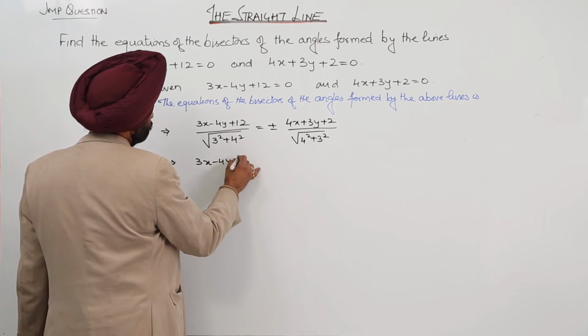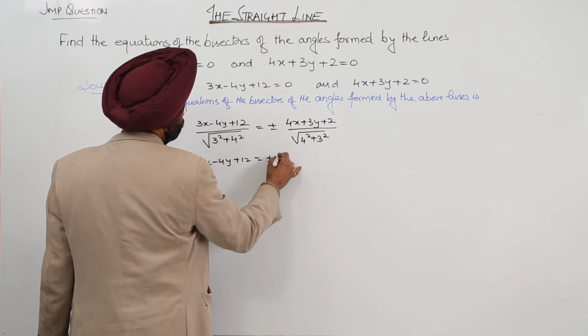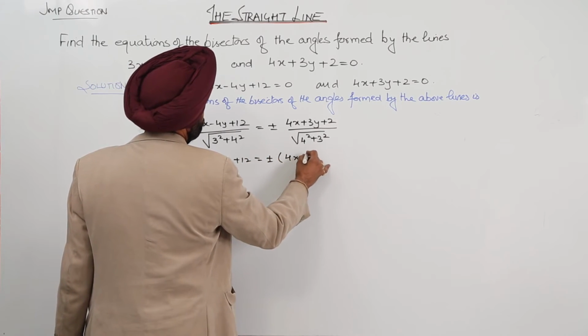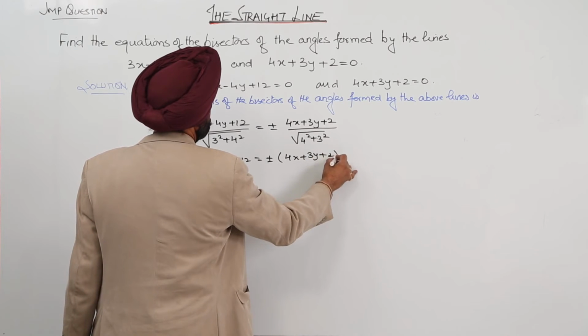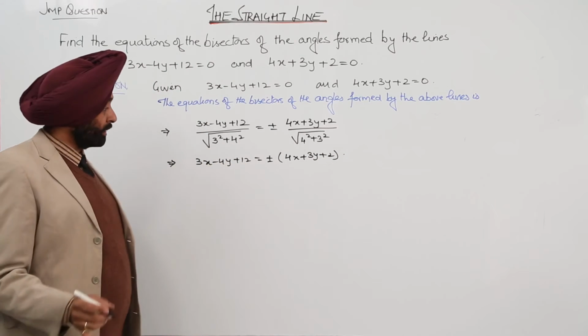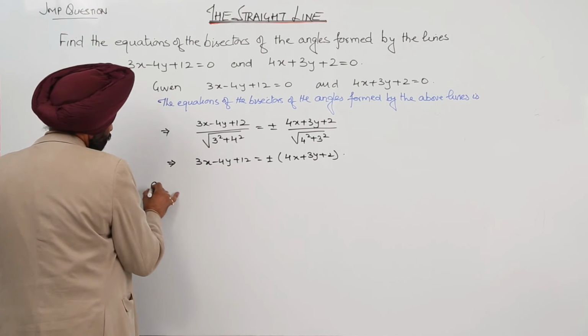Now this becomes 3x minus 4y plus 12 is equal to plus minus (4x plus 3y plus 2), because the denominators are the same and they are cancelled out. Now case 1.